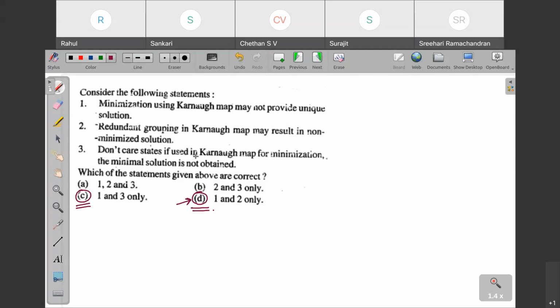Don't care states if used in KMap for minimization, the minimal solution is not obtained. So this is wrong. We have just now seen that if we use don't care, we get minimized. Sometimes we get minimized solution, sometimes we don't. If it is used in increasing the group size, then it will give us the minimized solution.